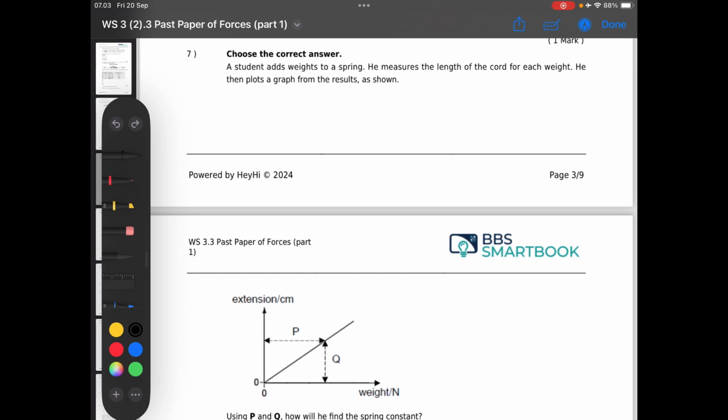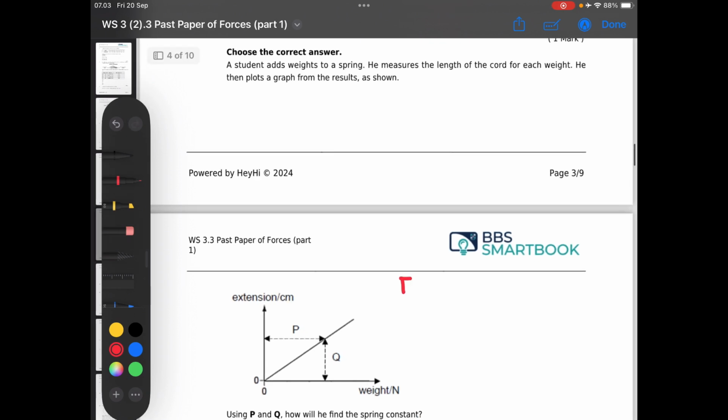Now, the second difficult question is number 7. It is related to Hooke's law, because when you add weight, the extension also increases. What is the Hooke's law equation? Force equal to K times extension, and K is the spring constant.